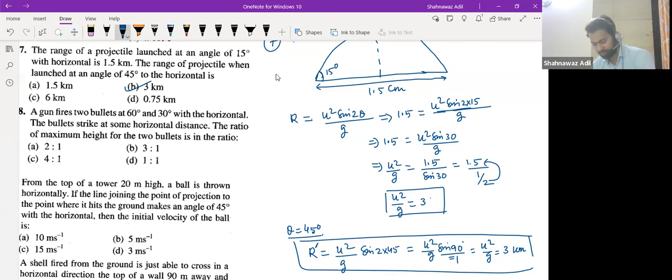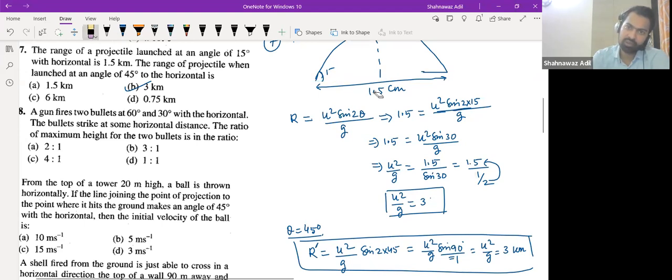Whenever you have calculated, please tell me. Rishita and Siddhika, what about you? Done, sir.